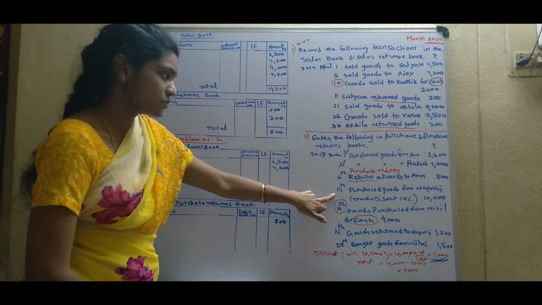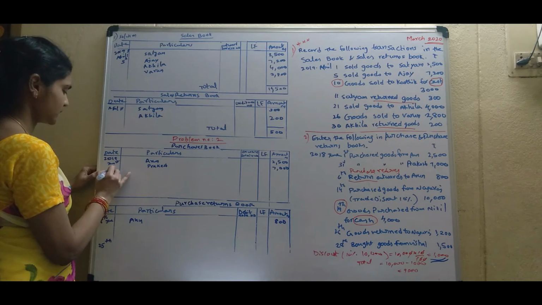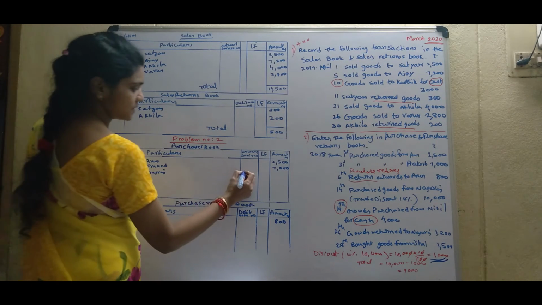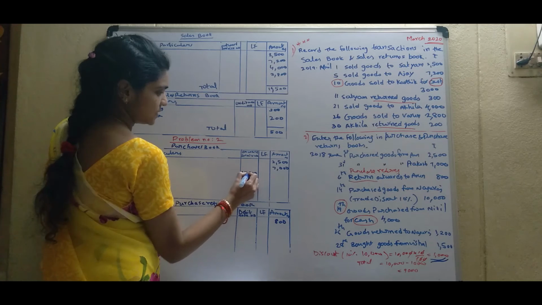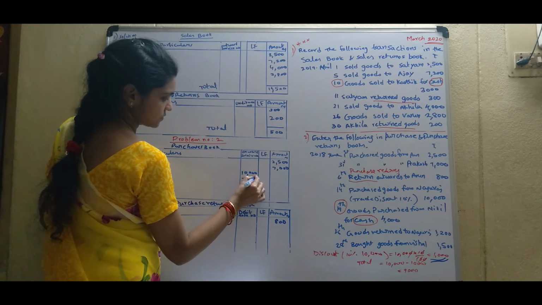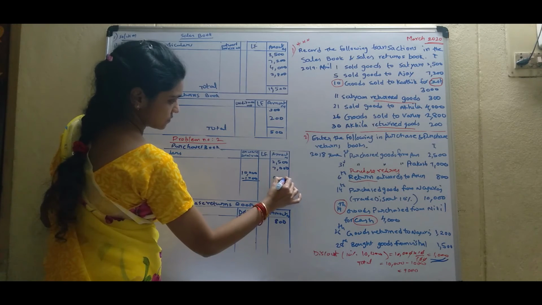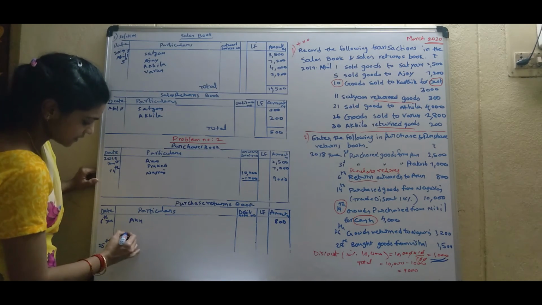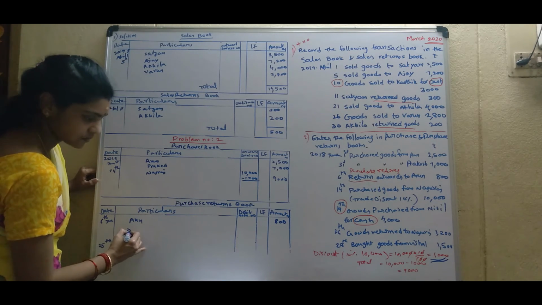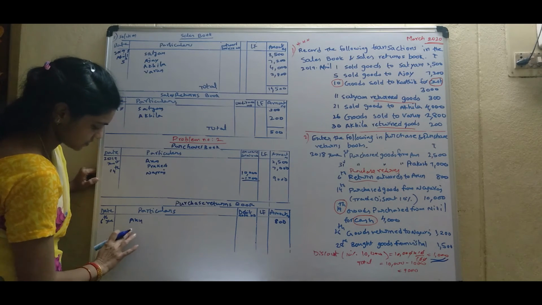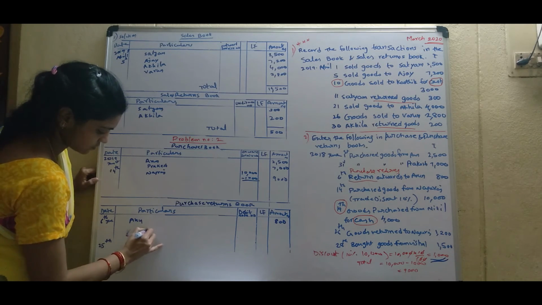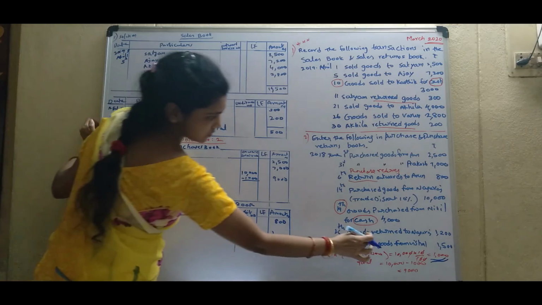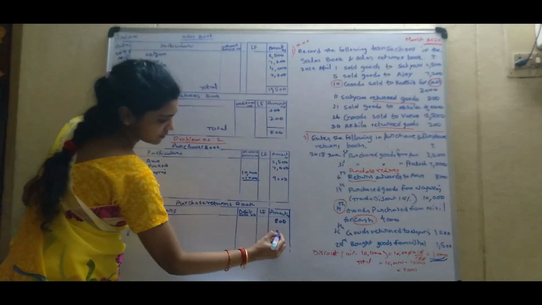Coming to the next one, purchased goods from Nagaraj on 14th. Nagaraj. What are the actual purchases? 10,000, discount 1,000, 9,000. And coming to the next transaction, goods returned. Goods return comes under purchase returns. Whom? Nagaraj. How much amount? Goods returned 1,200.